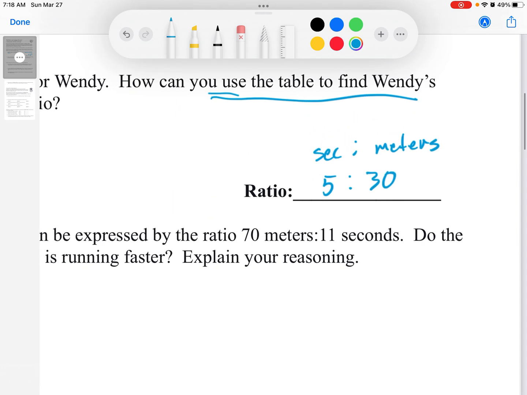So if I were to switch this, it would have been 30 meters, whoops, let me fix that here, just so it looks the same, 30 meters for 5 seconds. So you notice it's meters to seconds, just like Yoshi's.